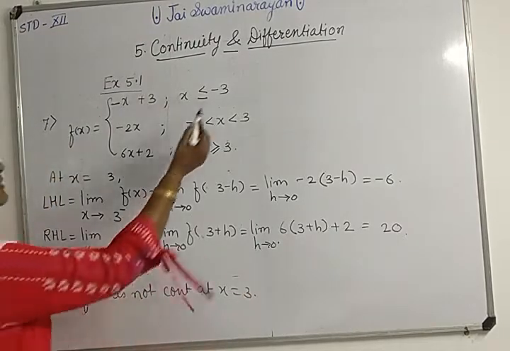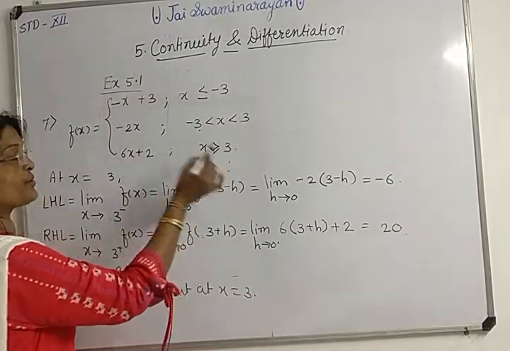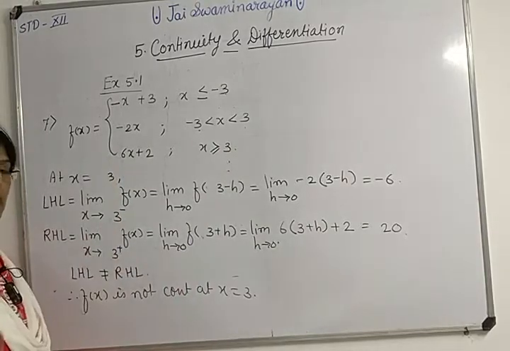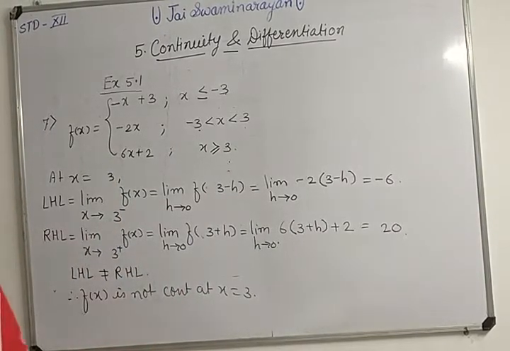So at x equal to -3 it is continuous, but at x equal to 3 it is not continuous. I hope all of you understood this one.